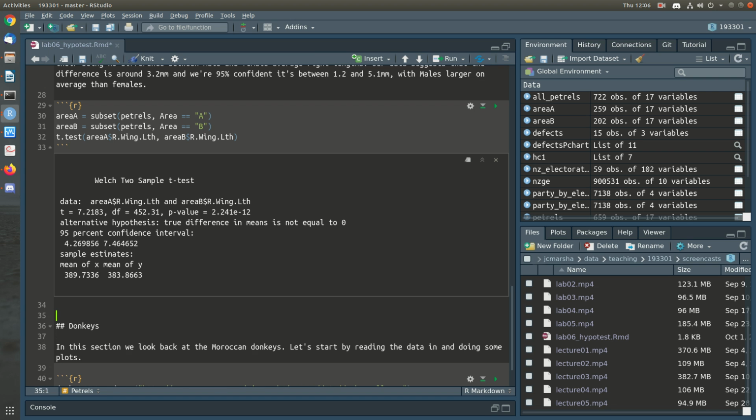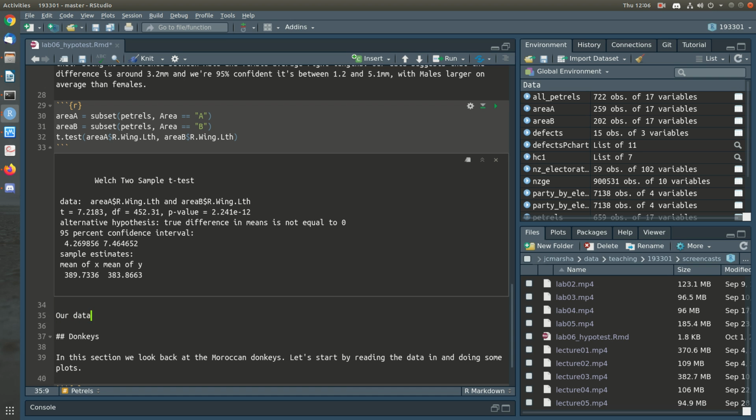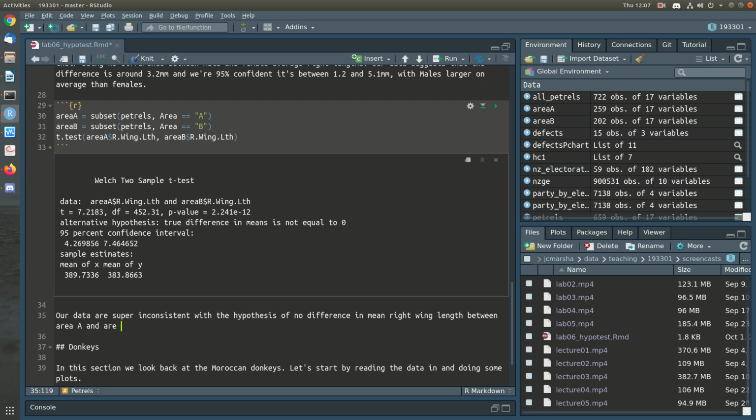So our data are super inconsistent with the hypothesis of no difference in mean right wing length between area A and area B birds, as the p-value is very, very small, less than 0.00001.